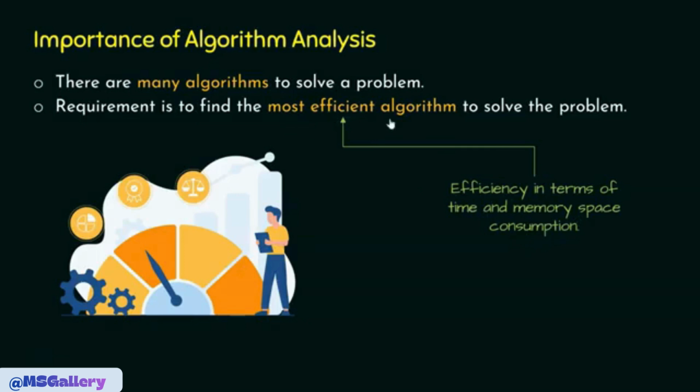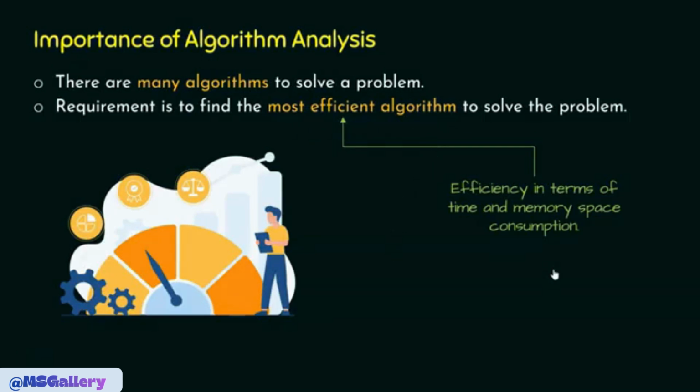So the most efficient algorithm is the one which takes the least amount of time and memory space. This is the reason why algorithm analysis is important. Through algorithm analysis, we can select the most efficient algorithm out of many available to solve the problem.